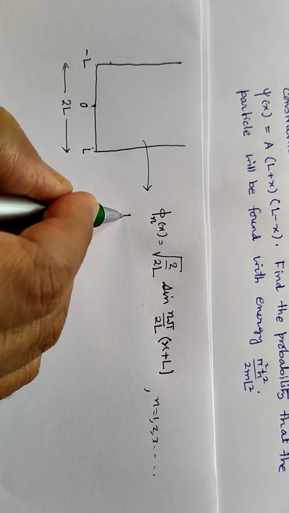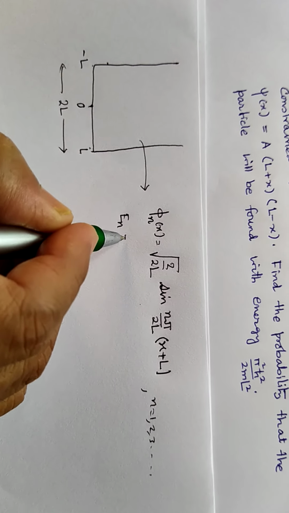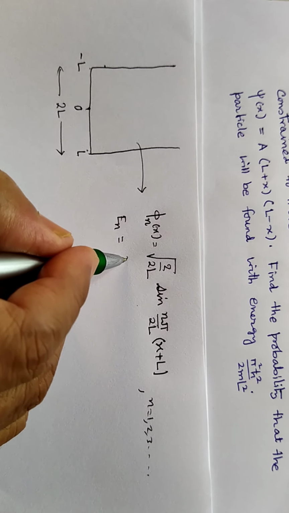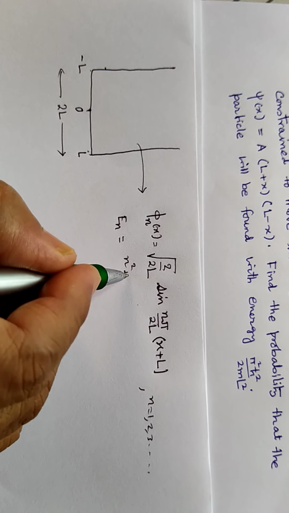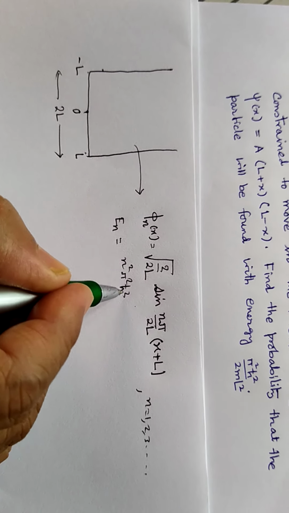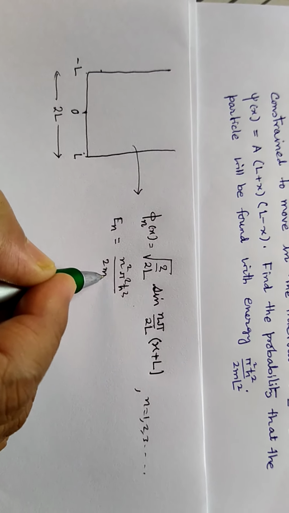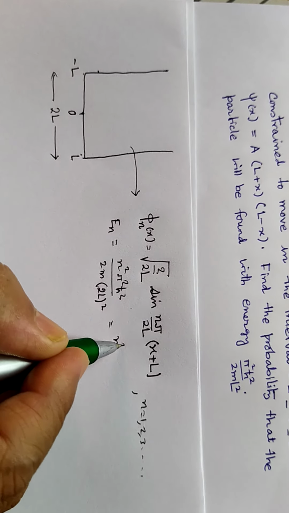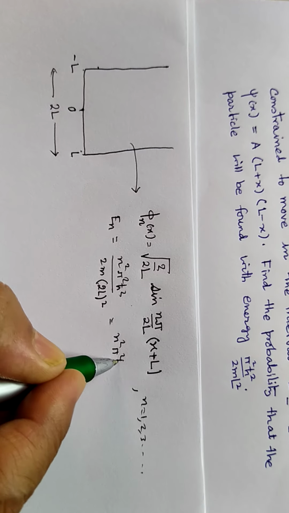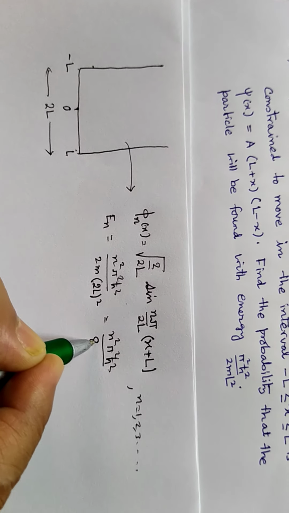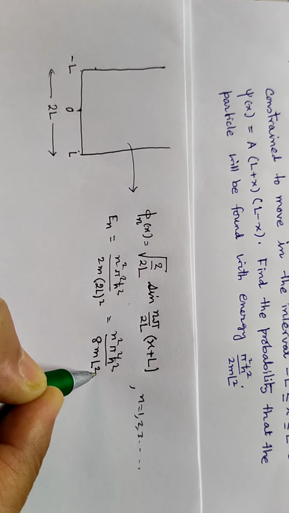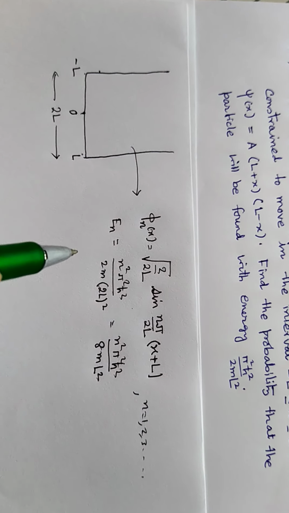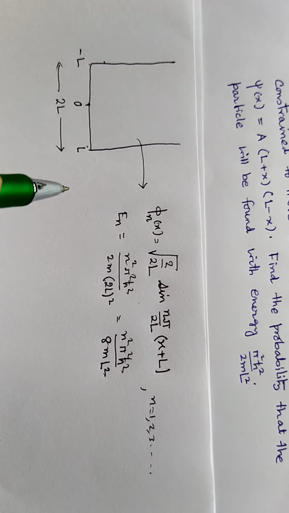And corresponding energies are En equals n square pi square h cut square by 2m into width square equals n square pi square h cut square by 8 m L square. So this information is known to us for this system.